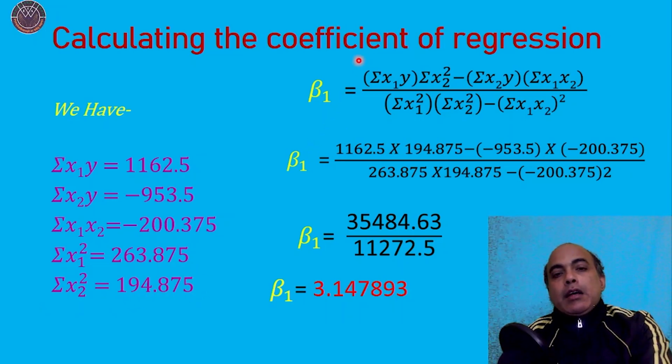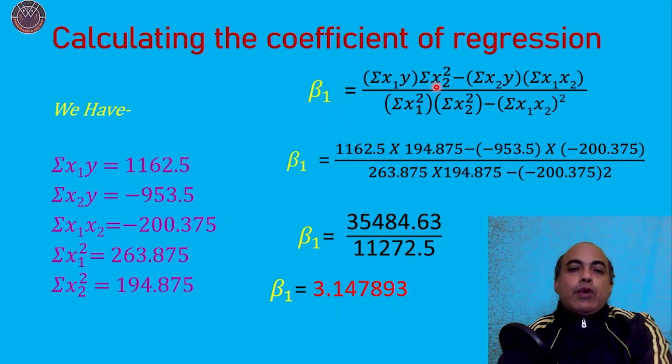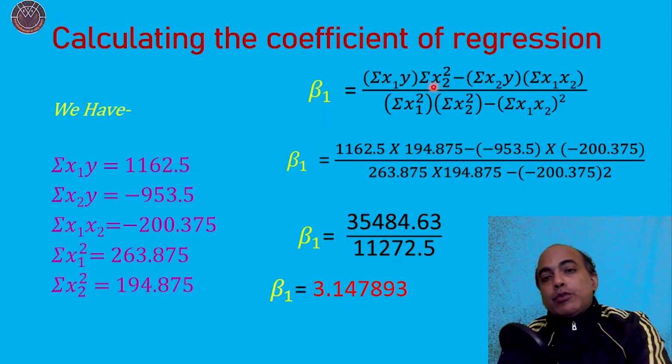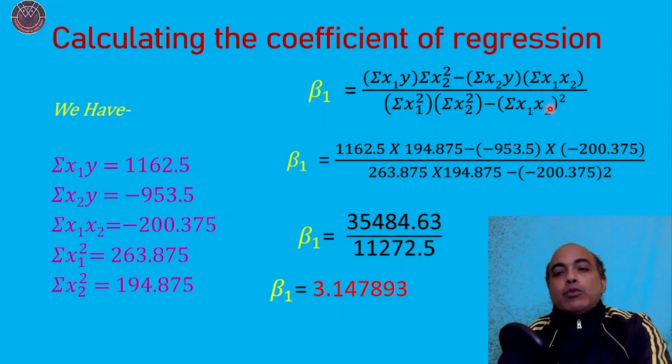And this is the equation of beta 1: the summation of x1y multiplied by the summation of x2 square, minus the summation of x2y multiplied by the summation of x1x2, divided by the summation of x1 square multiplied by the summation of x2 square minus the square of the summation of x1x2.